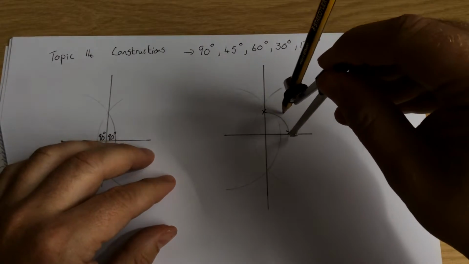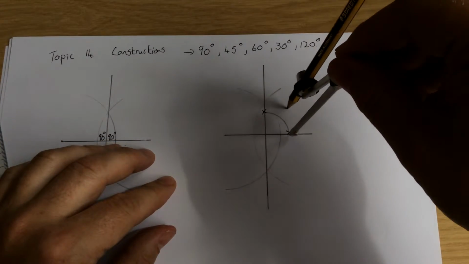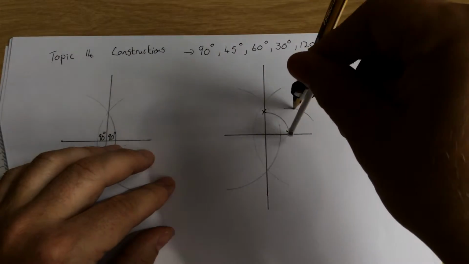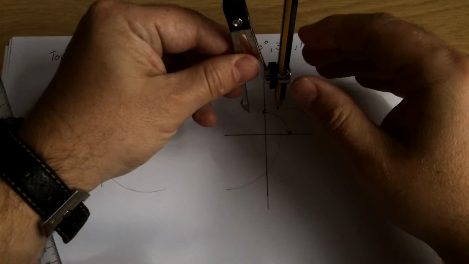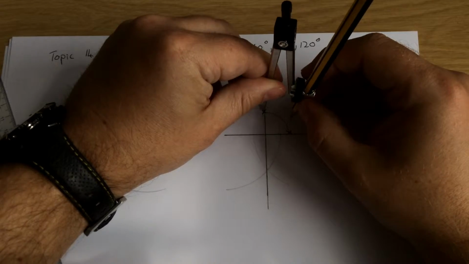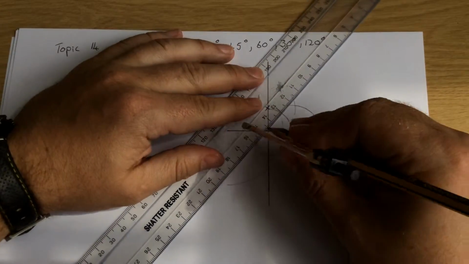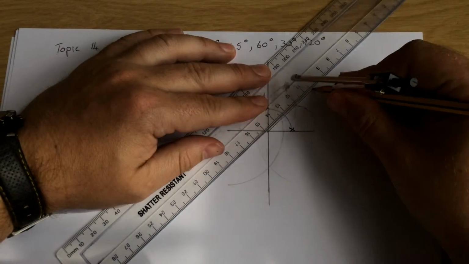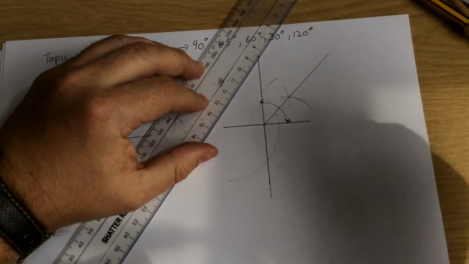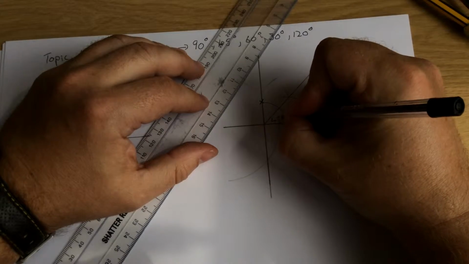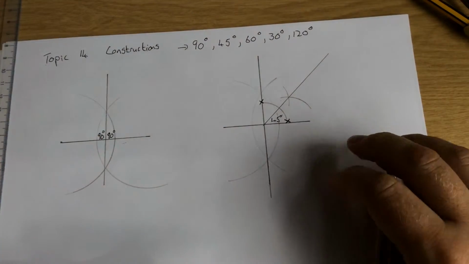I will keep my compass on the one cross and draw another arc. I will put my compass on the other cross and draw another arc, and where the two arcs meet, I will draw a line straight up the middle, and I've split my 90 degree angle in two, so both of them should be 45 degrees.